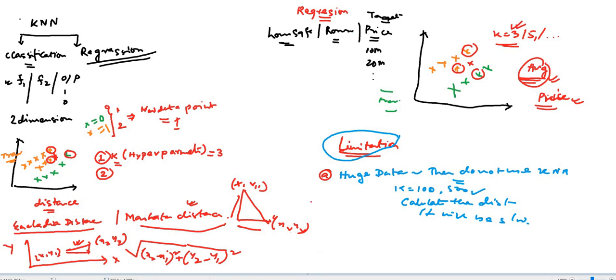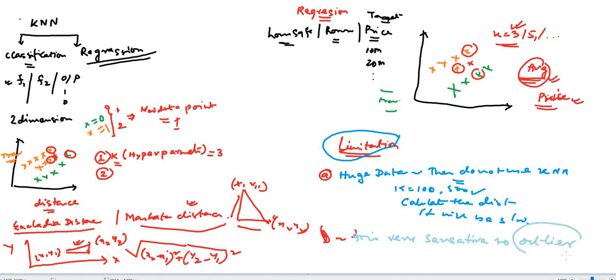Now, what is the second disadvantage? The second disadvantage is that it is very sensitive to outliers.